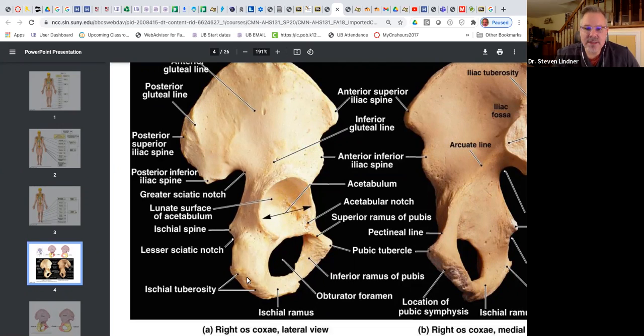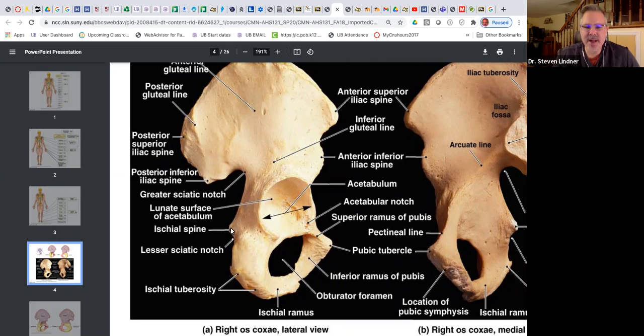Now here's the ischial tuberosity. We said the hamstrings originate there. Now superior to the ischial tuberosity, if we move proximal to it, right there, there's another structure called the ischial spine. Don't confuse the ischial spine with the ischial tuberosity. They're different structures. The ischial tuberosity is much, much larger.